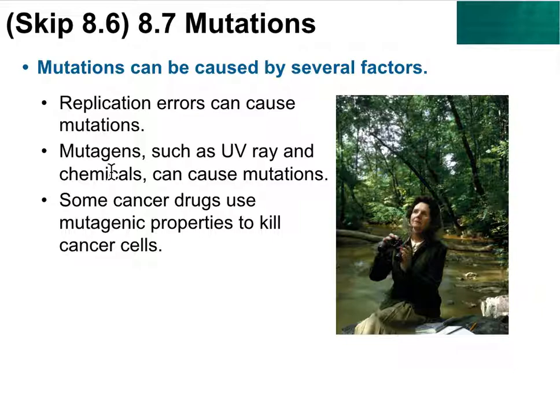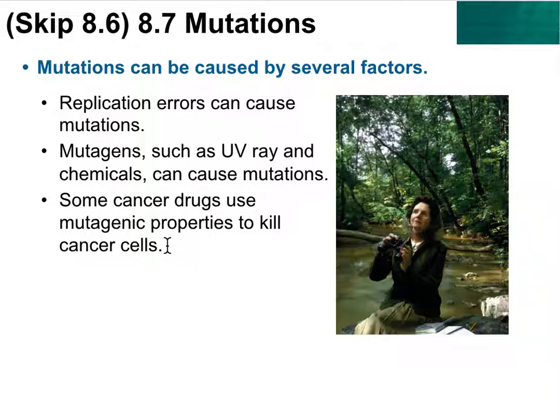Certain chemicals, like, you don't need to know them, but benzene, definitely going to cause you some cancers, or a mutation. And then sometimes the cancer drugs that you actually use to try to help people, they'll take advantage of this mutagenic property to kill cancer cells, all right? So we kind of use that to treat someone with cancer. These are cells gone wild, so we can actually mutate those cells and kill them.